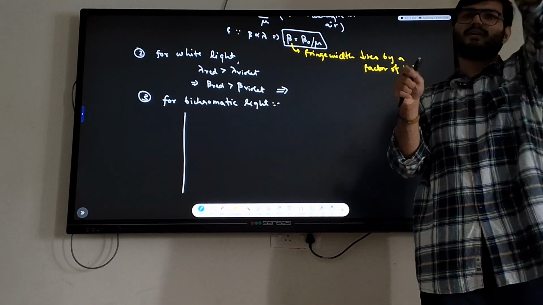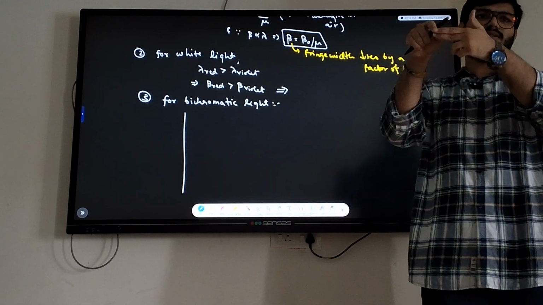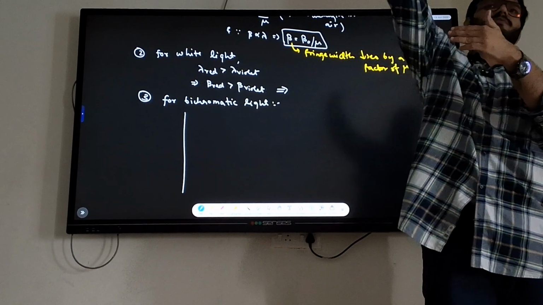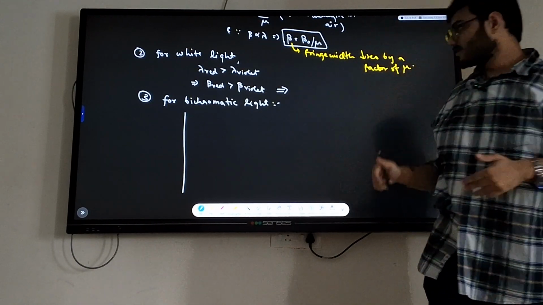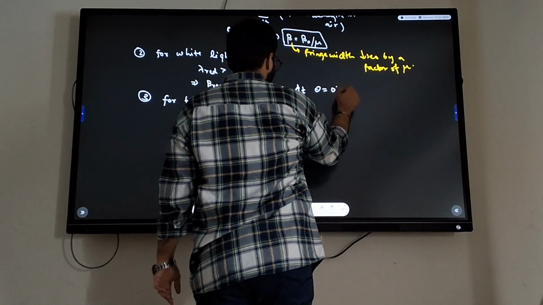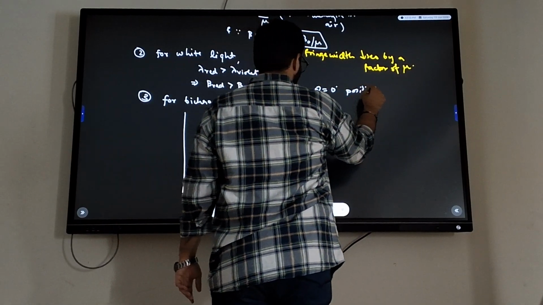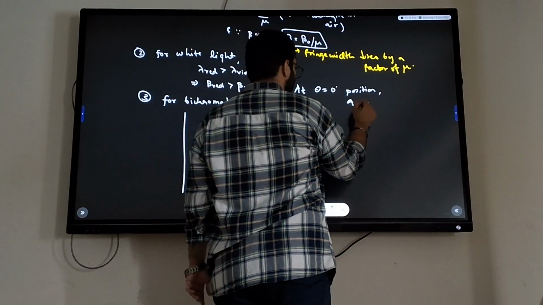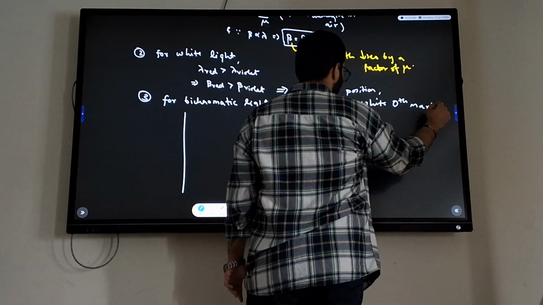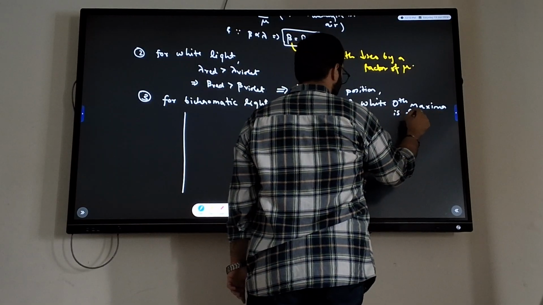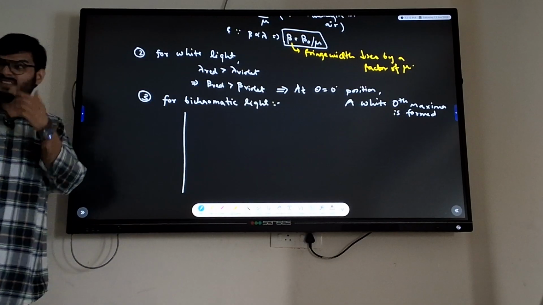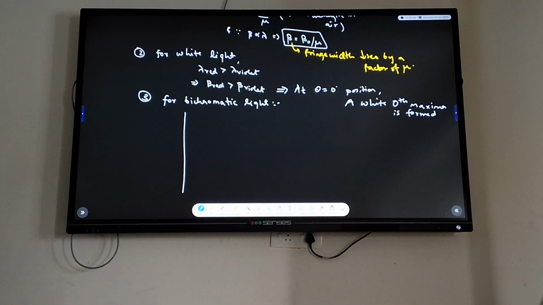Maybe they will not meet at other points, but they will meet at this center, because everyone will make a central maxima, with respect to which the beta is different for all of them. So at the center, at theta equal to 0, a white 0th maxima is formed. Yes or no? A white 0th maxima is formed.